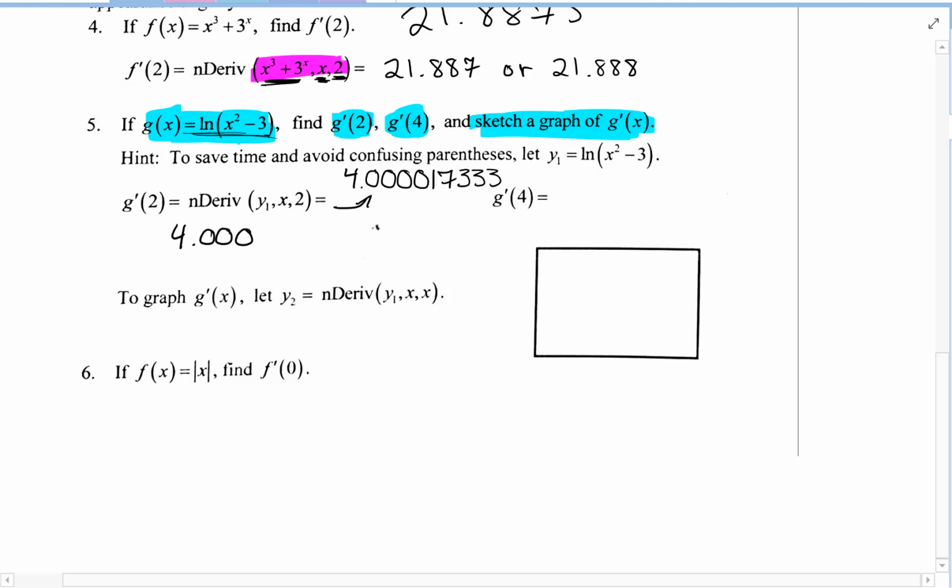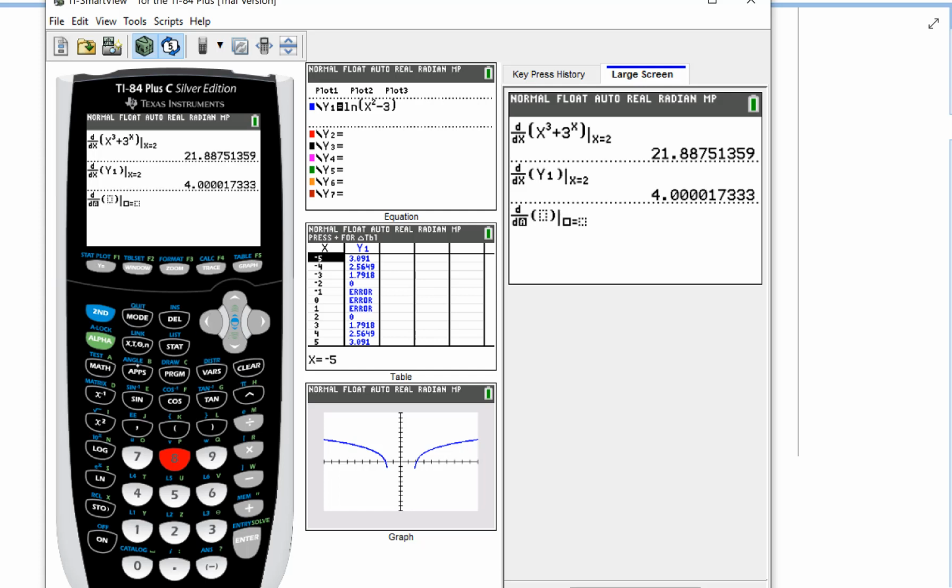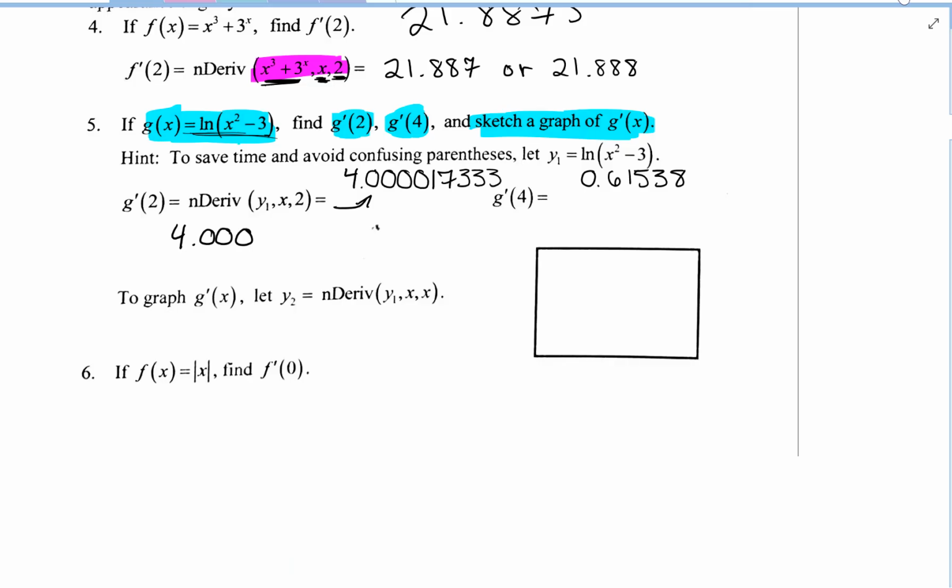Okay, so g prime of 4. Doing the same thing, math 8, the derivative with respect to x of y1, so alpha trace, enter, and we're plugging in 4 this time. That is 0.61538. You could leave it as that.